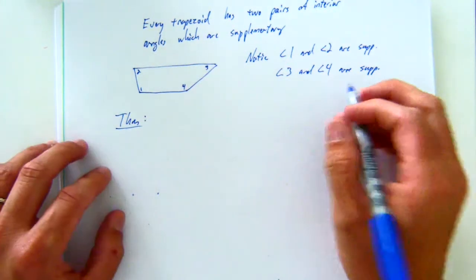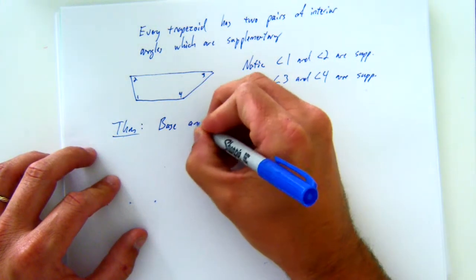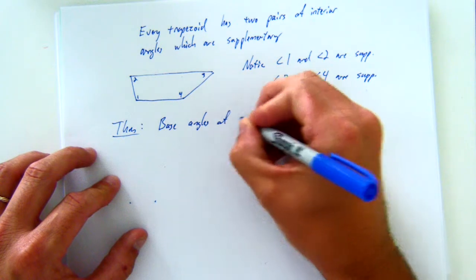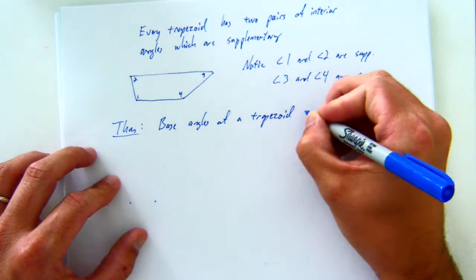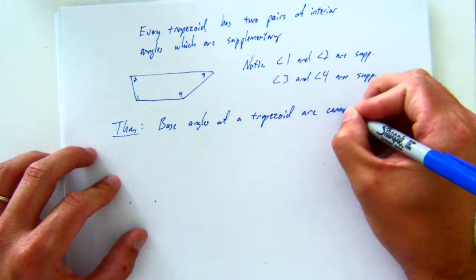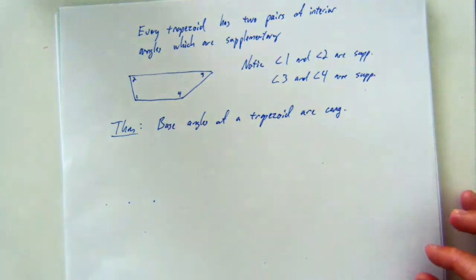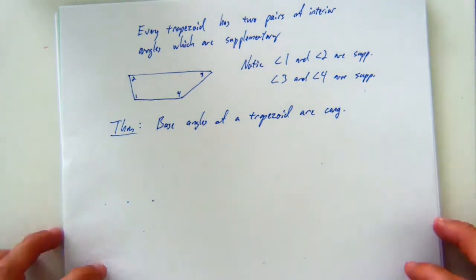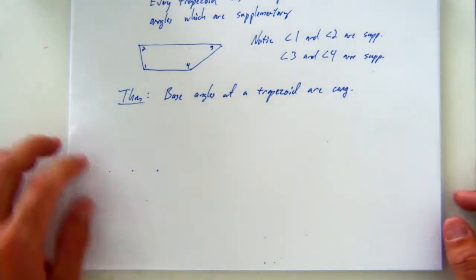Theorem. Base angles of a trapezoid are congruent. I'm not going to prove these. I'm just going to list them. You can use them for your homework. You can read the proofs in your book.